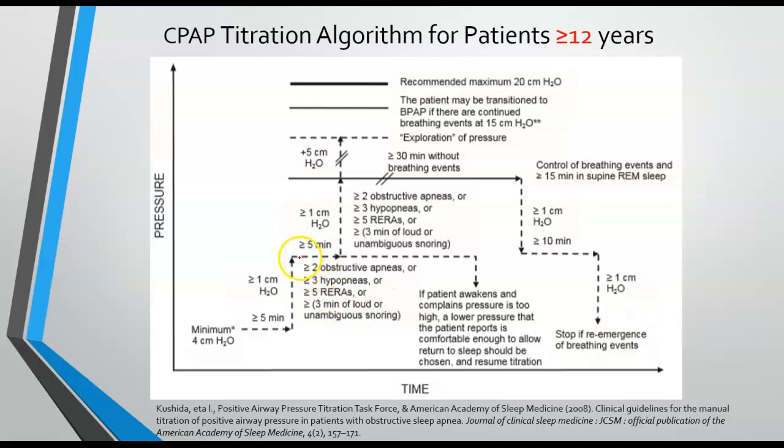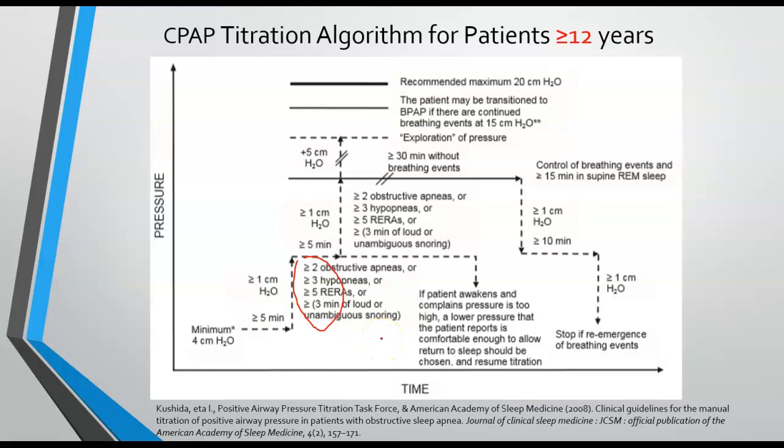This is what the guideline says. Before increasing, you have to wait at least 5 minutes. Again, it is a minimum time, not a maximum time. If you think of it as the standard time, you will end up increasing the pressure too fast.